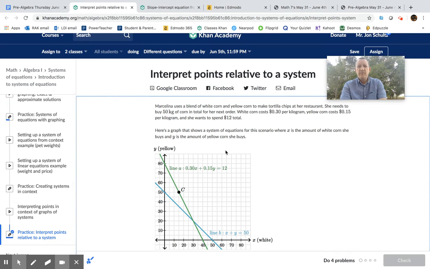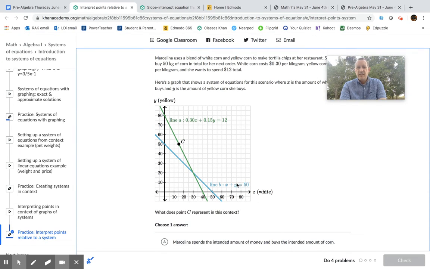So what does that word total mean? Well, total means it's going to be by itself on one side of the equation. Total means you're adding everything up, adding or subtracting everything up, and then that's going to be the total. So for this one, you see this blue line where it says x plus y equals 50. Because it says 50 is the total, I know that 50 is going to be by itself, and it's going to be when you add everything up.